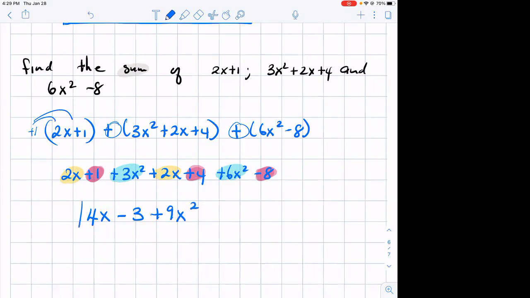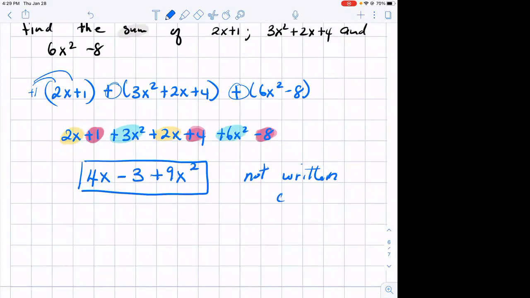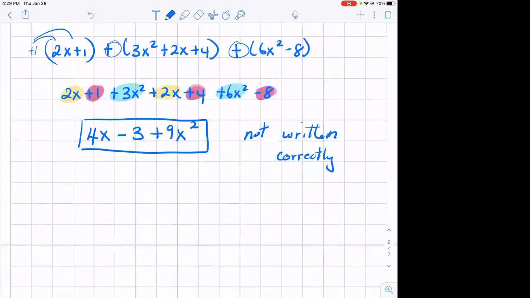But notice that this polynomial here is not written correctly. Because when we write a polynomial, the highest power should be first. So this power here should be first. Now notice when you take it, you always take the sign.